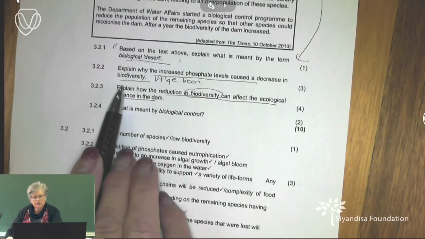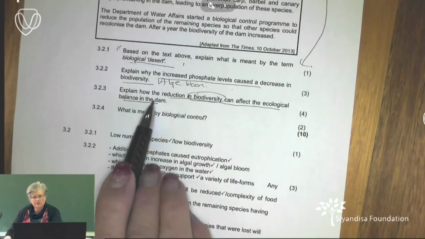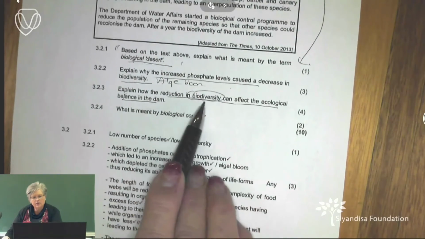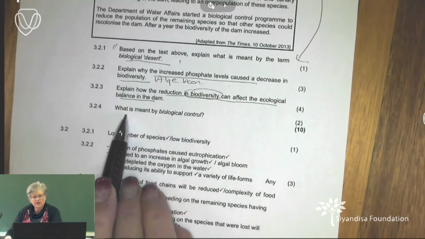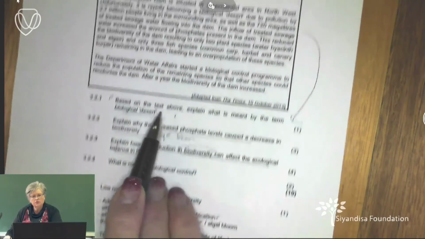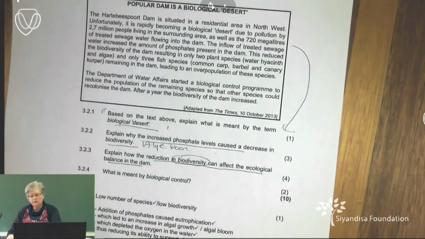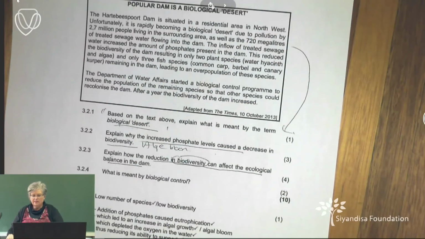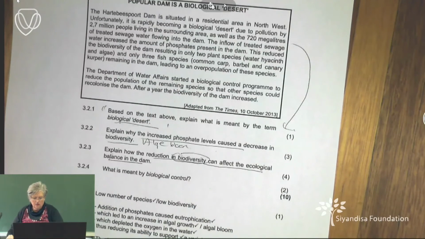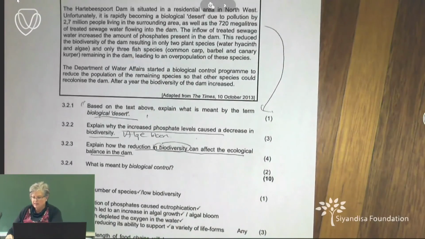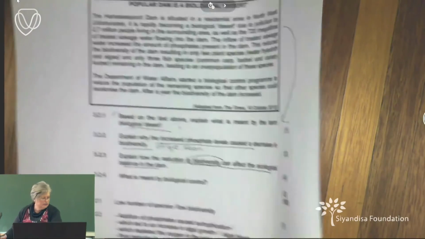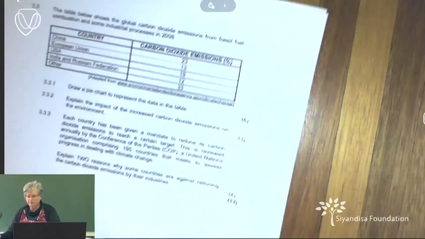So be sure that you express it. So this is according to nature. What effect does it have on nature, and what is meant by biological control, which you will find in there. So environmental studies is really not difficult in the way that it is asked in the question papers, because it gives you quite a lot of information, but you need to know what is done by the information.